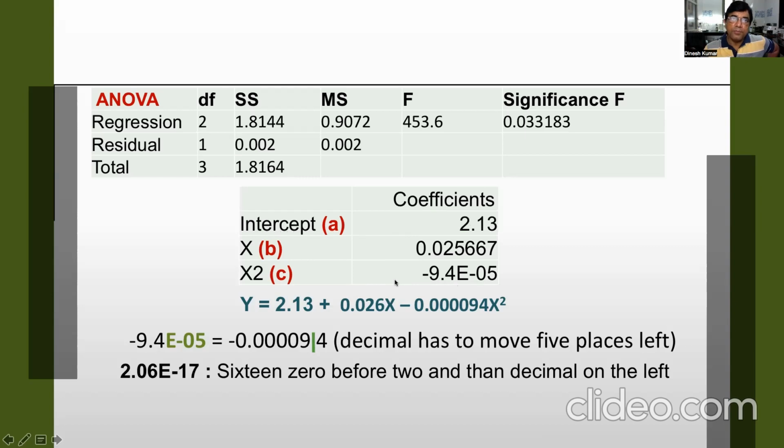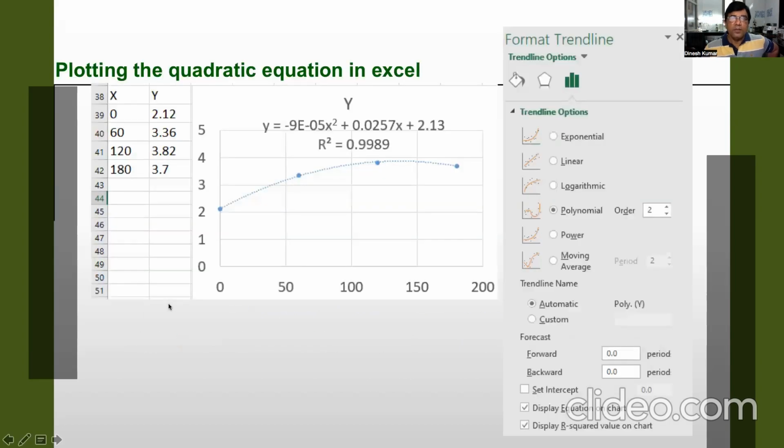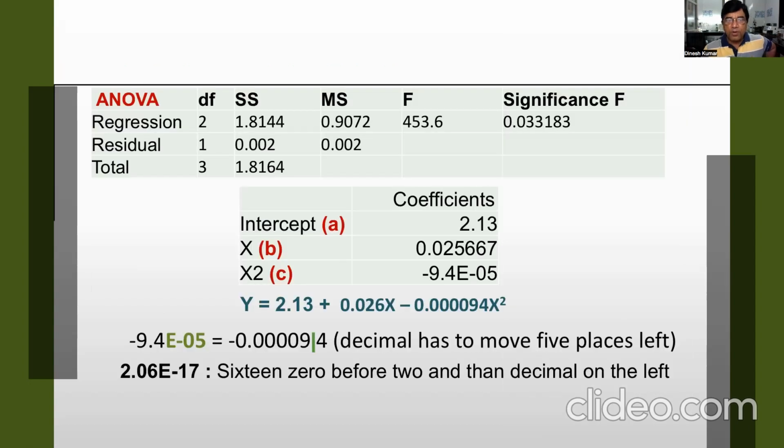After 5 places, you put the decimal on the left side. So finally, this is your equation: 2.13 plus 0.026x minus 0.000094x square. Now you found out the equation and you have tested it is significant at 5%. That means it is a quadratic equation.